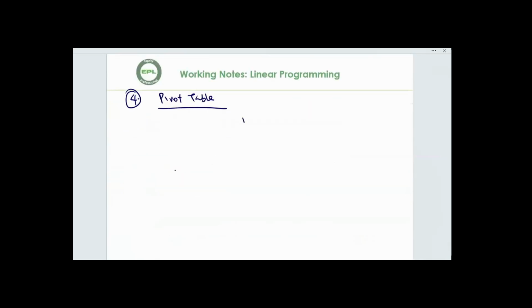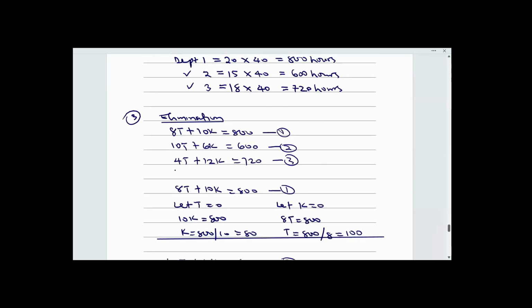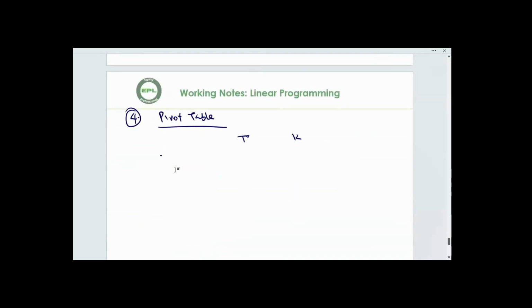So I have T, then I have K. The first equation is equation 8T plus 10K equal to 800.